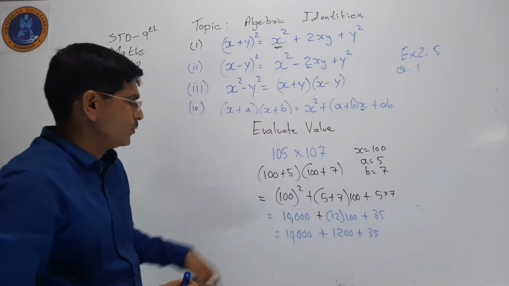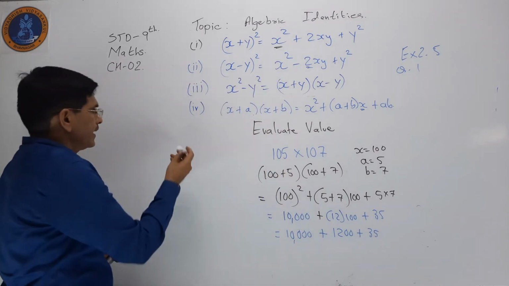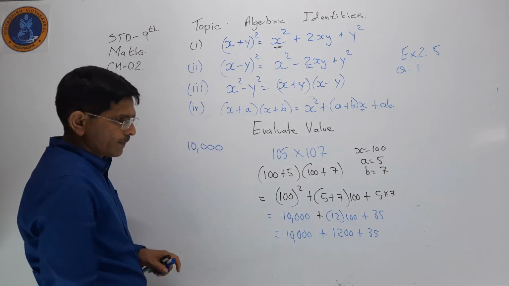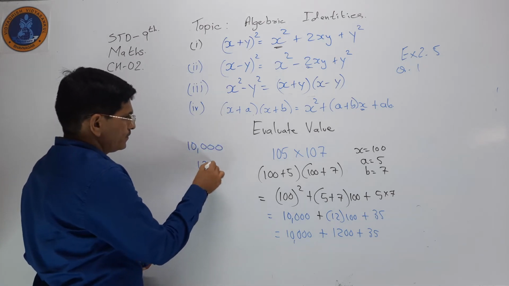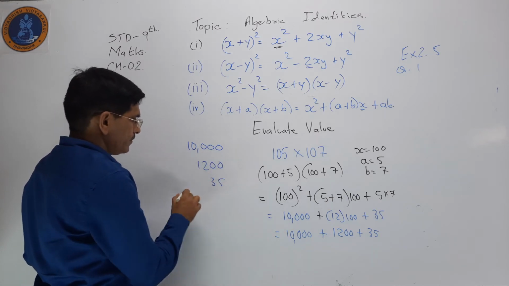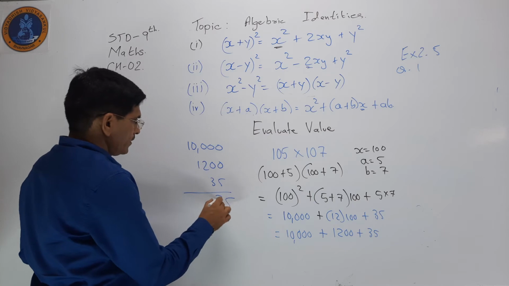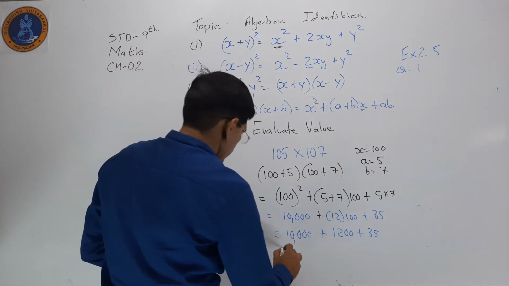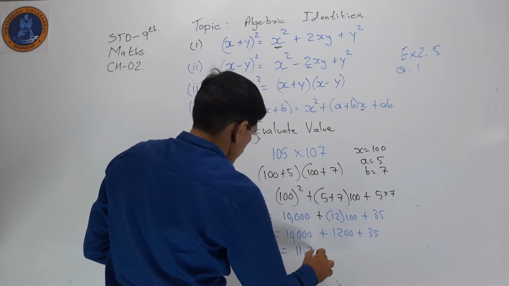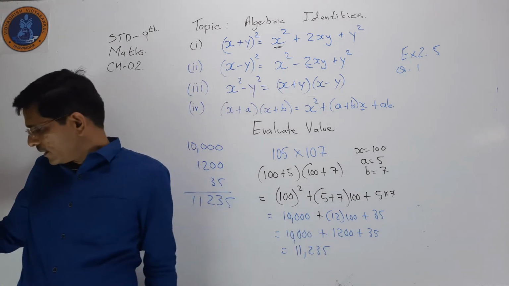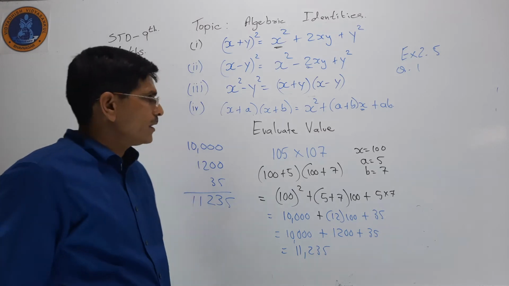Now if we do the addition, that is 10,000, 1200 and 35. 5, 3, 2, 1 and 1. So the answer is 11,235. I think it is also easy.